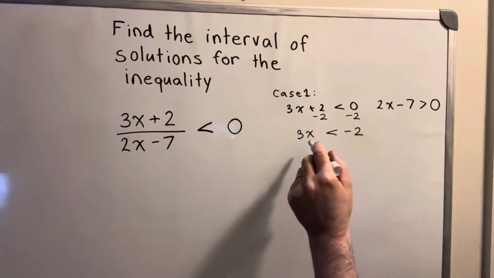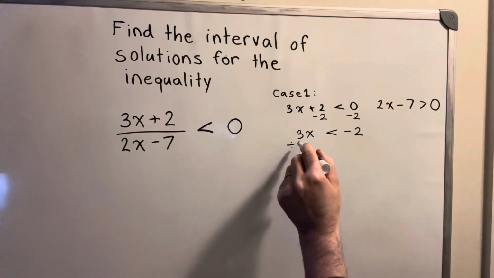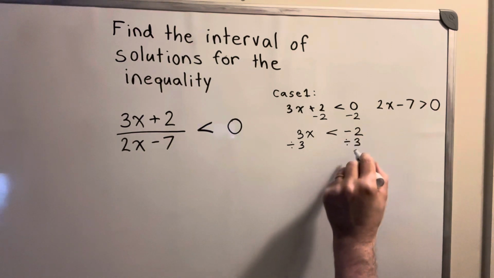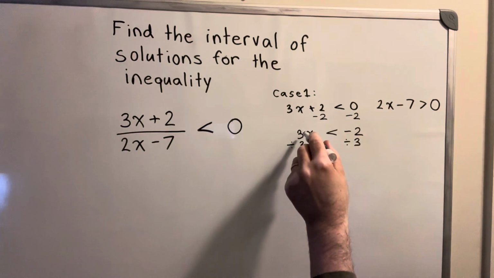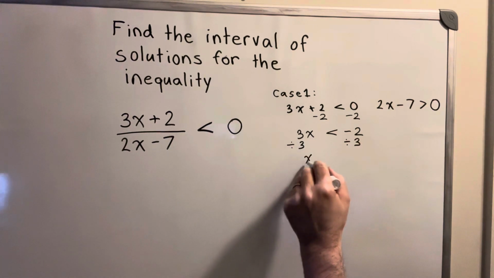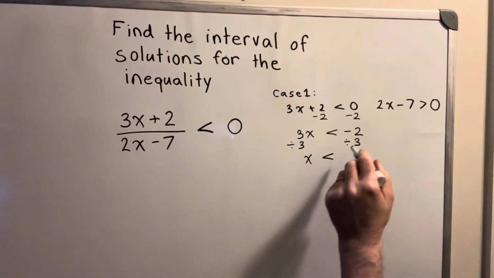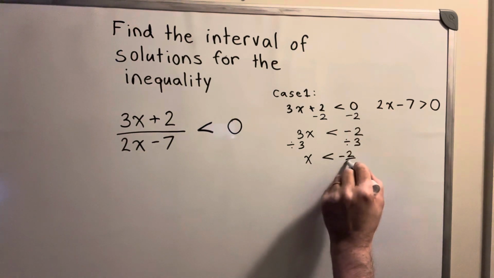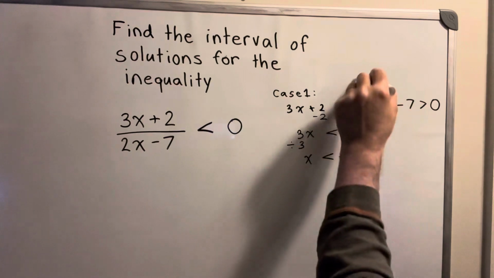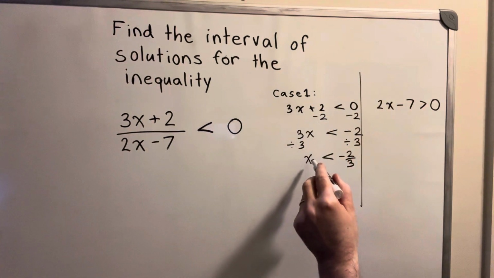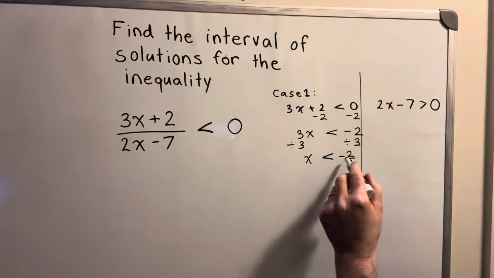Now, to get to x, we can divide both sides by 3. 3x over 3 just leaves the x. It is less than negative 2 divided by 3, negative 2/3. So for this one, we've got x less than negative 2/3.